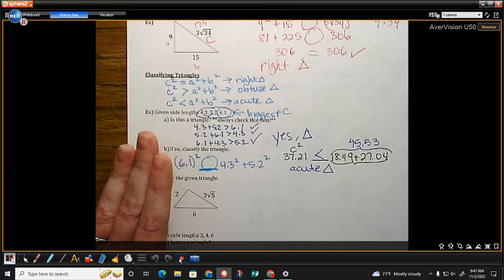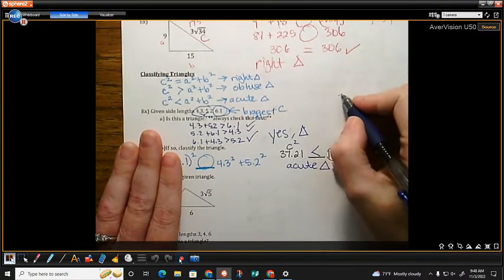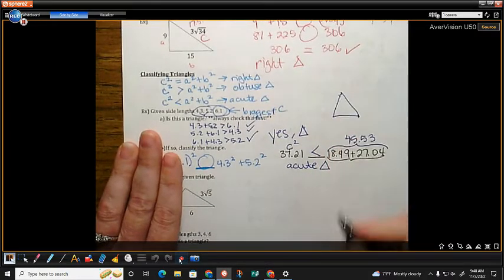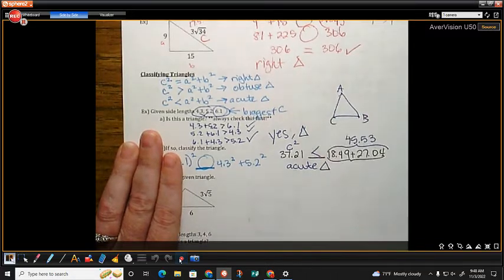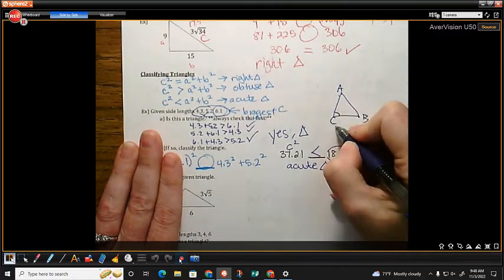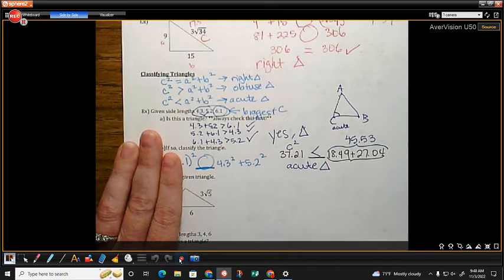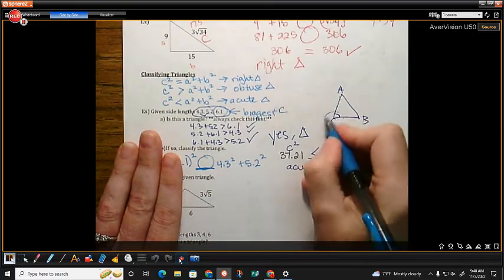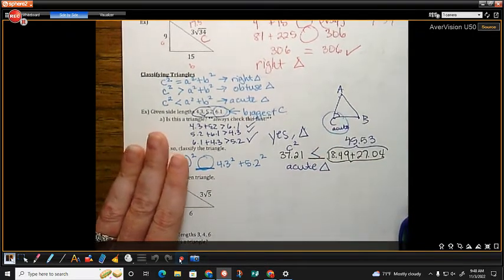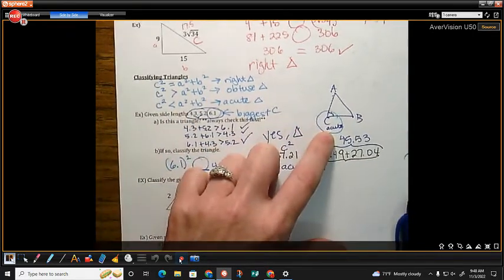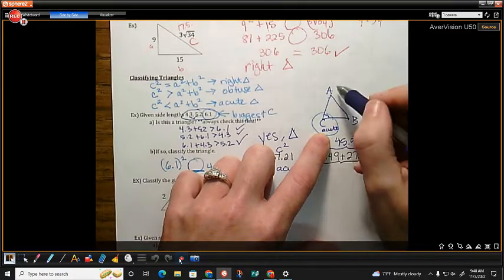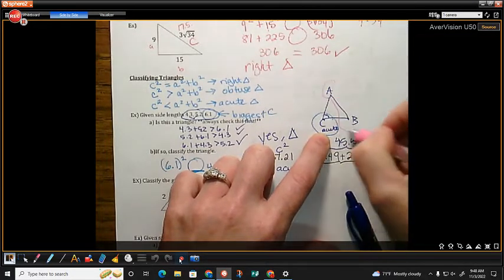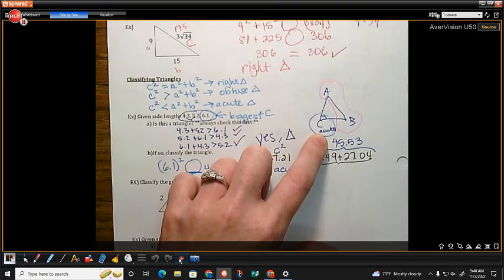Now watch what happens. If I sketch it now, I know it's an acute triangle, and I'm going to have A, B, and C. And you said C had to be acute, right? Well, what do triangles add up to? 180. So if this guy is less than 90, in order to add up to 180, how much do these two guys together have to be?